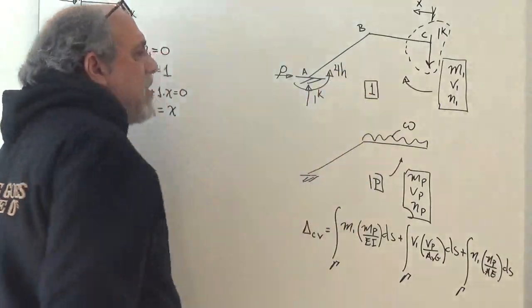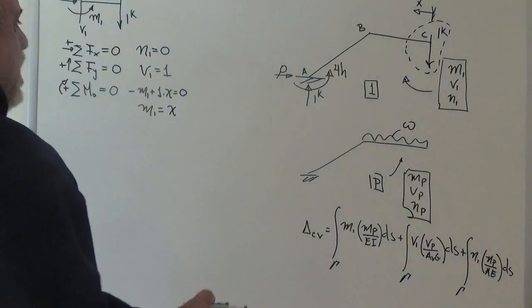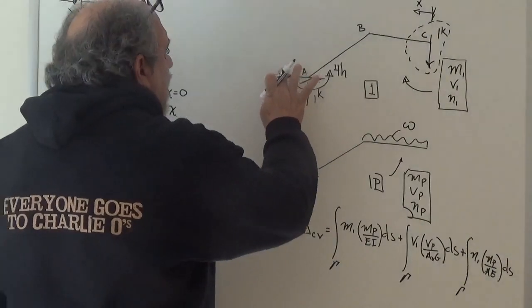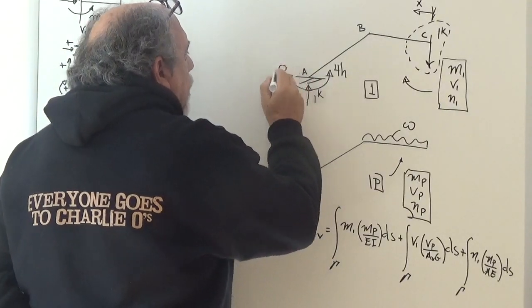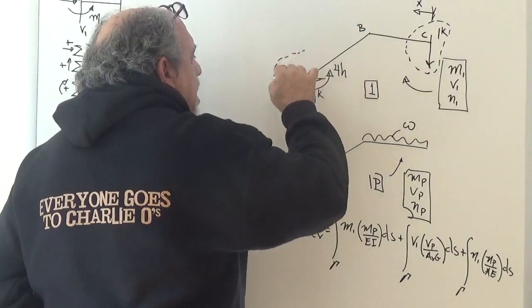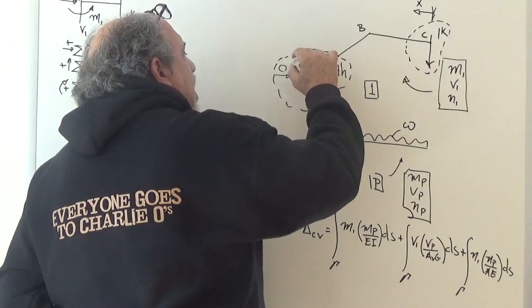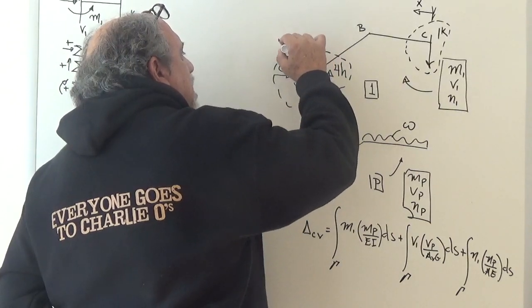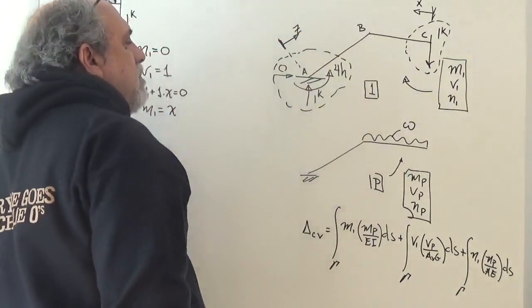So those are the reactions at A. Then, with those reactions, I can without any problem take this bubble and use a coordinate that begins here and moves parallel to the bar and call it Z, right?